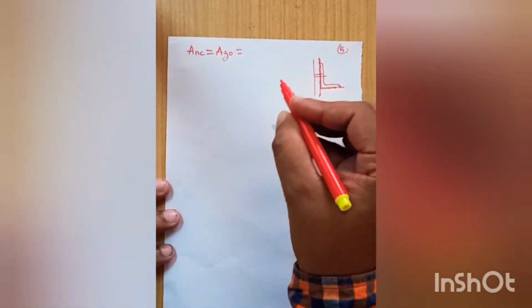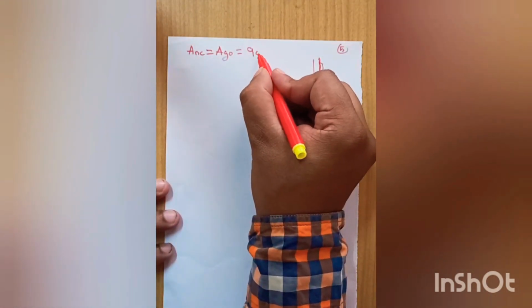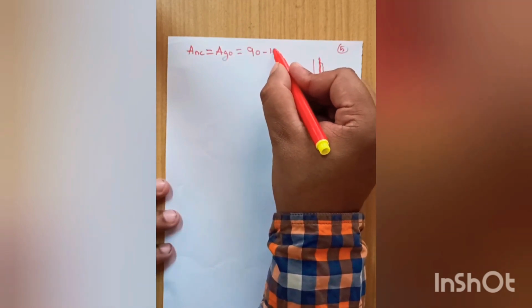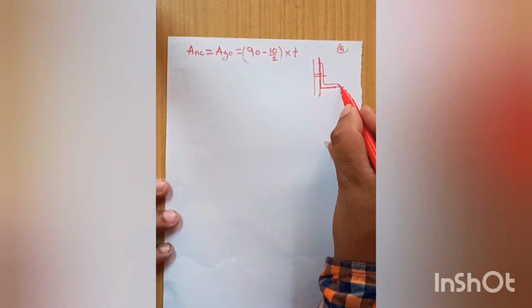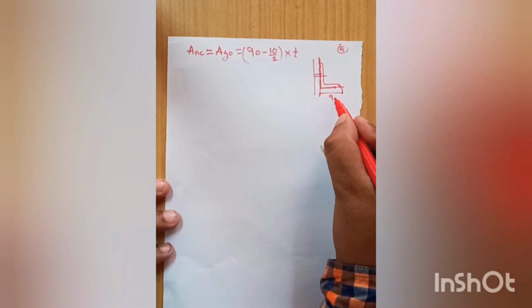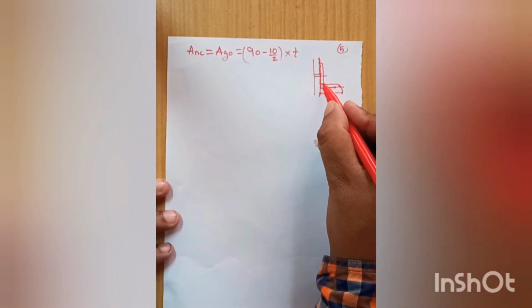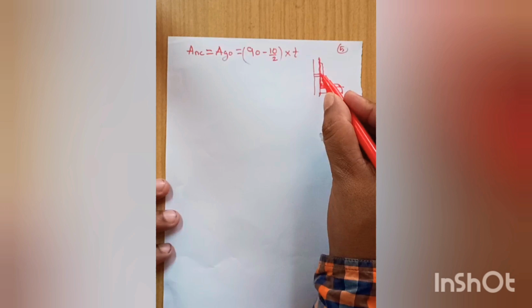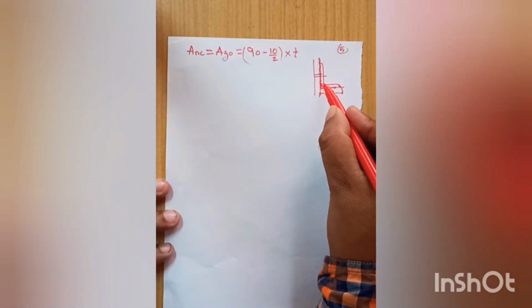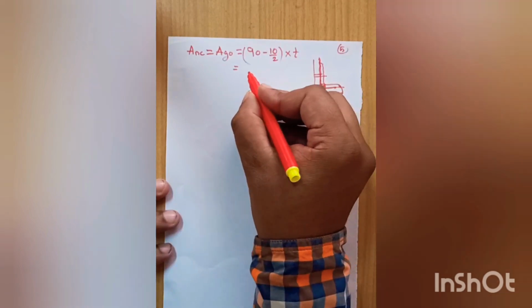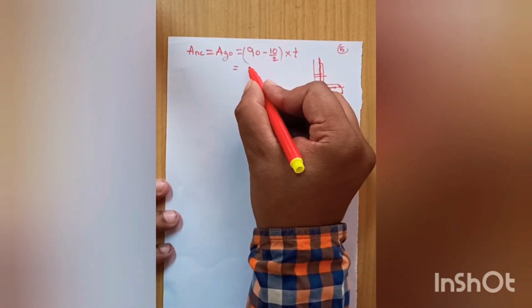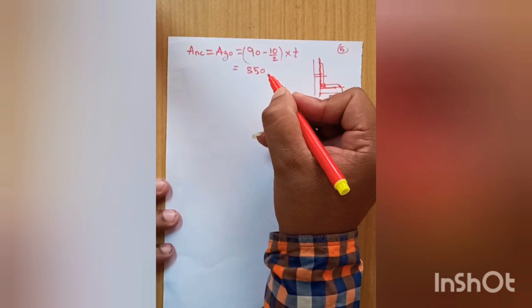So Anc and Ago will be 90 minus 10 by 2 into thickness. From here to here it is 90. This much area will be common for this leg and for this leg, so half we are distributing here and half here. So 90 minus 10 by 2, which comes around 850.